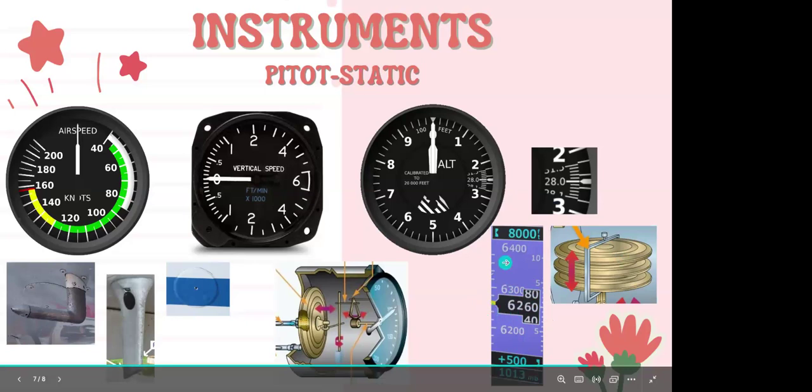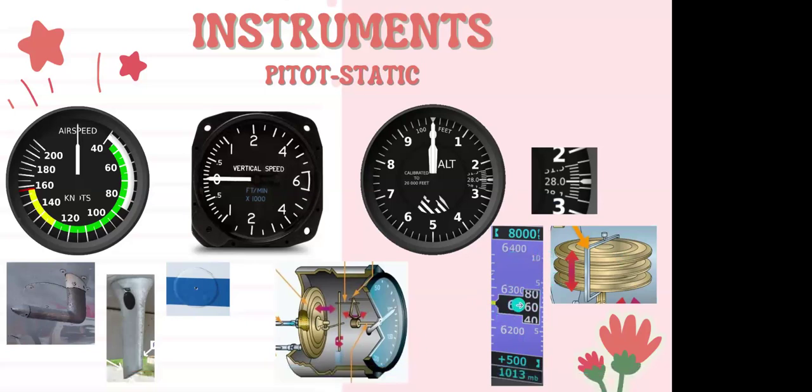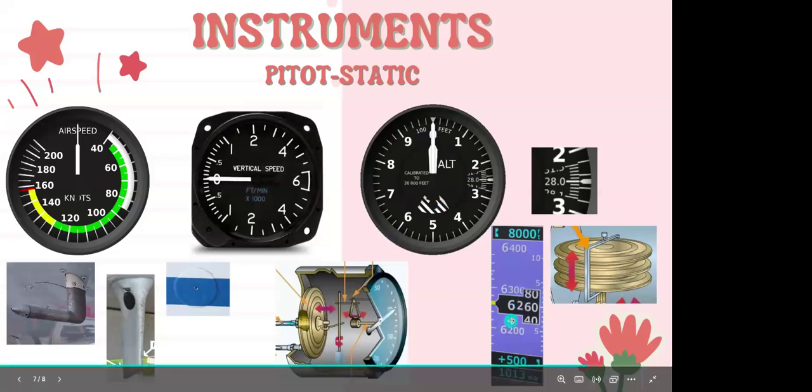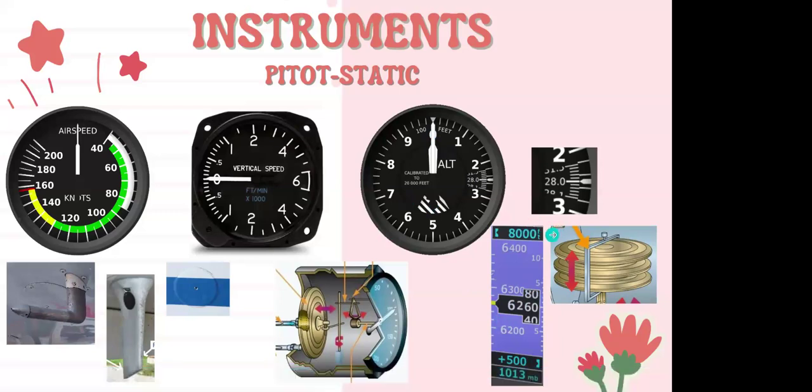But that's how it looks. It shows it in a vertical model rather than a radial model. And you can set your altitude bug, so you can say, I want to climb to 8,000, and it will tell you when you're nearing that altitude, which is a nifty little feature. So yeah, those are our pitot static instruments.